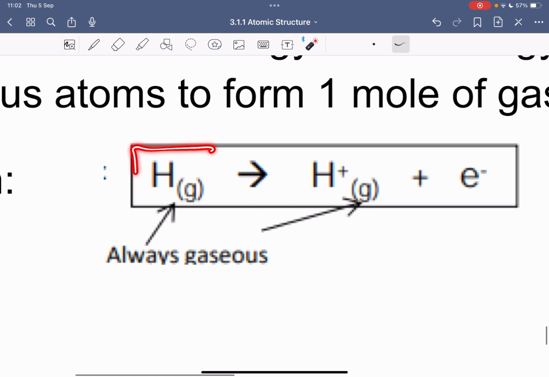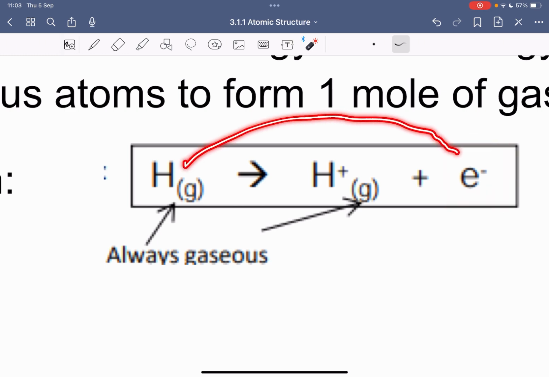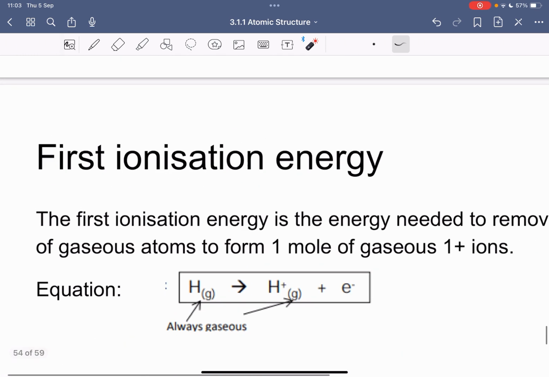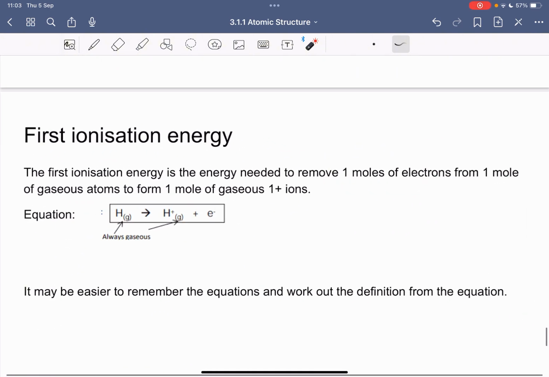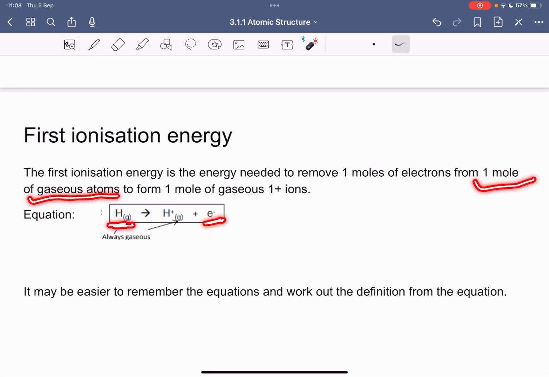So you have an atom that is gaseous, and then you form gaseous +1 ions, and you also release an electron, and that's because you removed it from this atom. So you remove 1 mole of electrons like this from 1 mole of gaseous atoms like this to form 1 mole of gaseous 1+ ions right here.